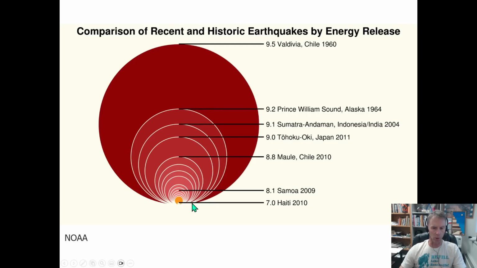And then we get to smaller quakes here. And then, interestingly, the smallest one shown here, and we'll talk more about this quake later on, the Haiti quake in 2010, which was only a 7.0. I mean, really much smaller than all these other ones. And yet, tragically, this was actually a very destructive and fatal earthquake.